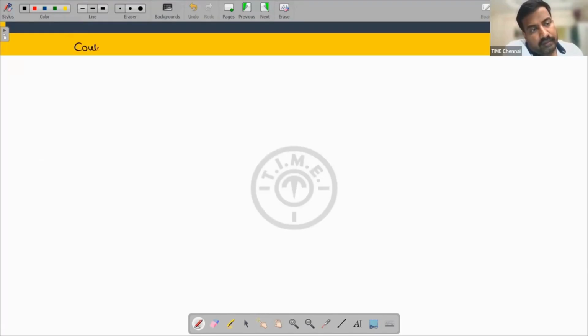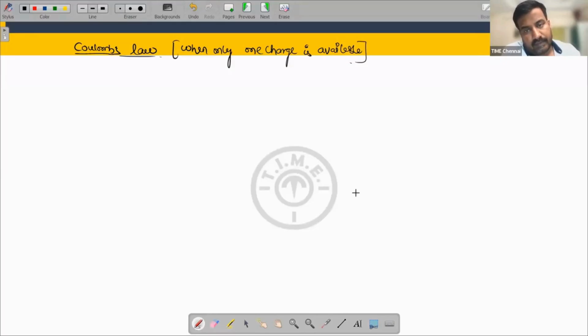In Coulomb's law, when only one charge is available, and that charge, let it be some plus q, is at a distance of d from a conducting ground plane.